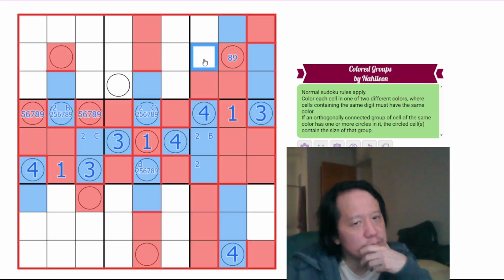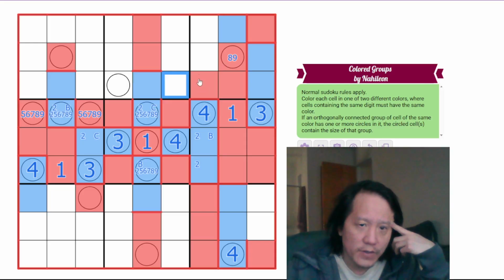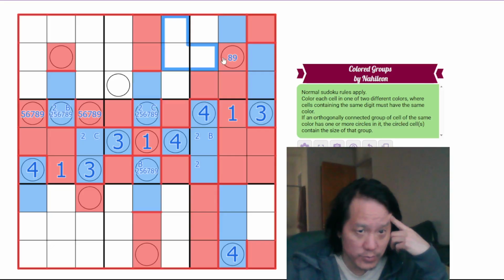This could still be blue and blue. Okay, so if this is blue, obviously this could still be blue and that's red. That's possible.